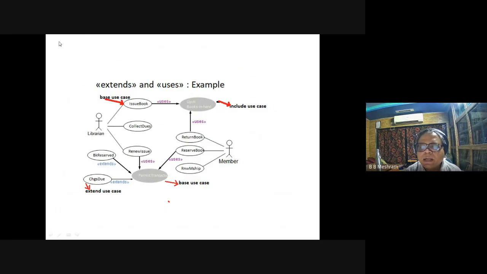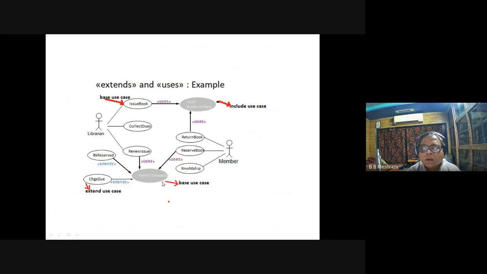Now update books in hand is an include use case, while issue book is a base use case. So the arrow is towards the include use case. The uses arrow between issue book and update books in hand is towards the include use case.